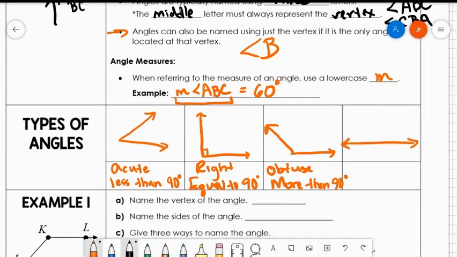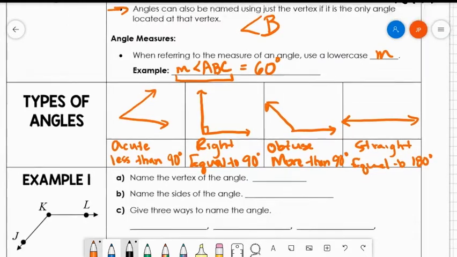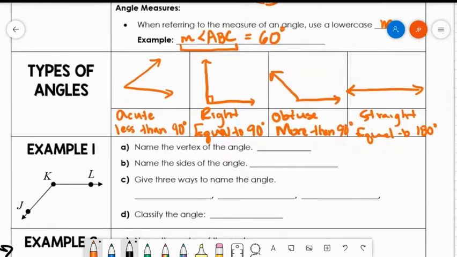And the last one, which is a straight line, is equal to 180 degrees. So that's the 4 different types of angles that we're really going to look at, and we're going to practice classifying in this next example here, and then you're going to try one on your own.